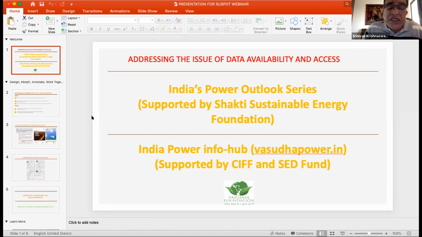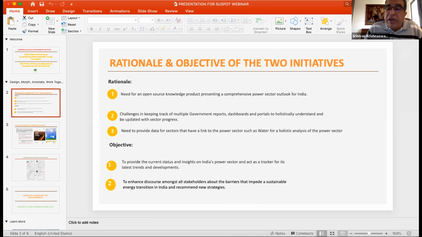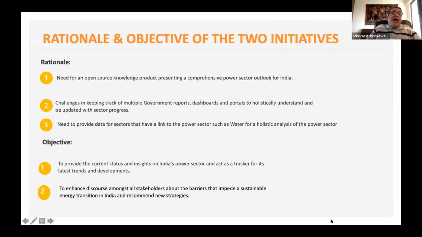So very often you just get PDF data, which you cannot use directly, or you need to convert it into Excel or another form, which means a lot of effort goes into it. And in a lot of cases, we find that the data is also not very freely available. So in order to address that, we got into two initiatives.